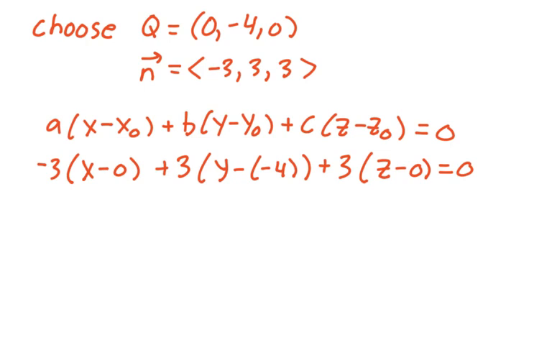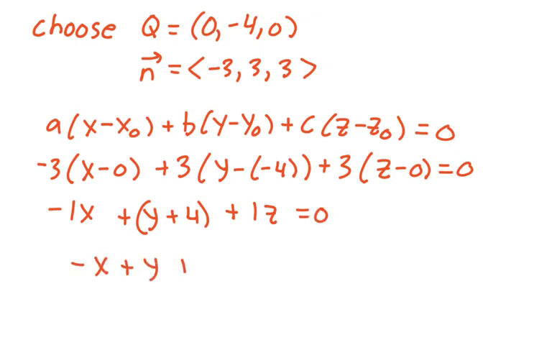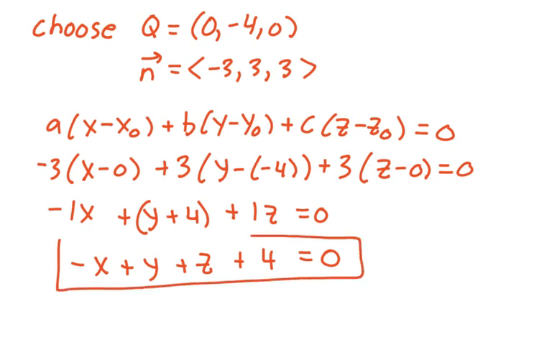And I'm going to divide everything by 3. And so we get negative 1x plus y plus 4 plus, well, we divided by 3, so it'll be just 1z equals 0. So negative x plus y plus z plus 4 equals 0. And that would be the equation of the plane that we are looking for.